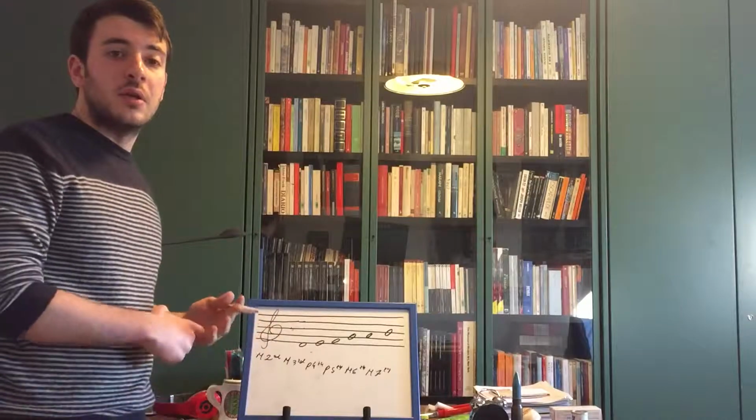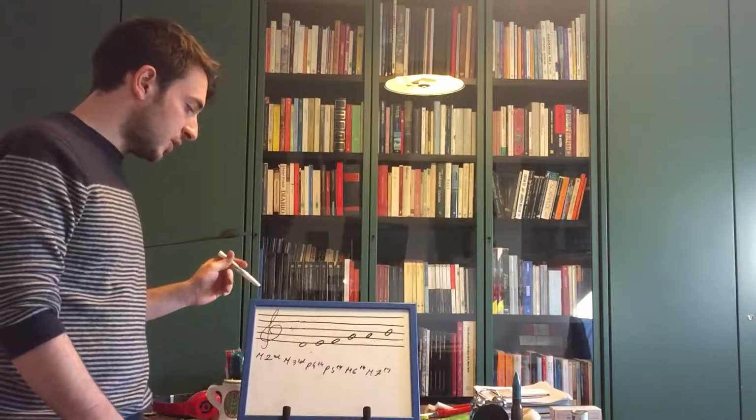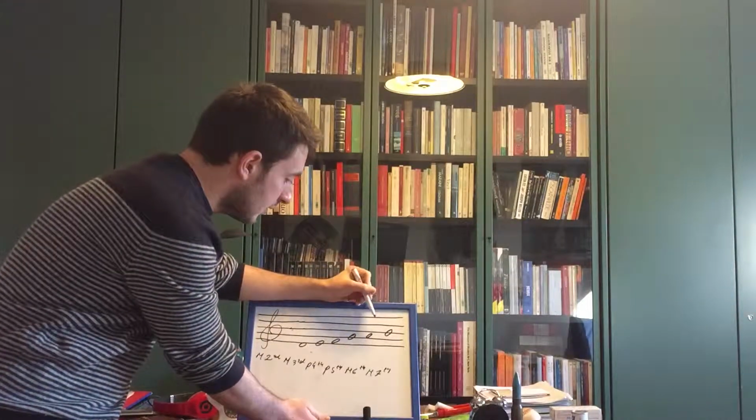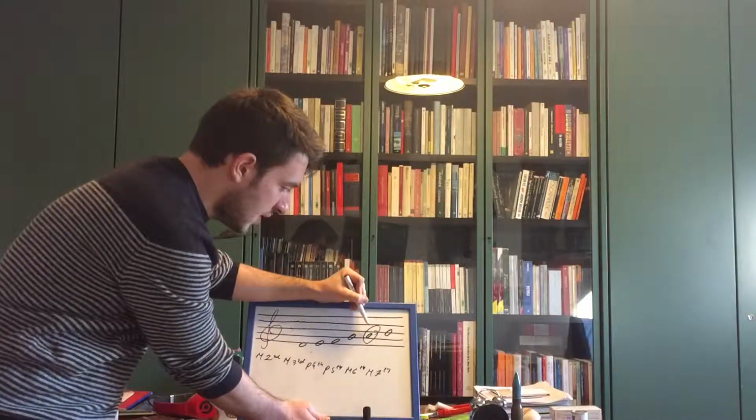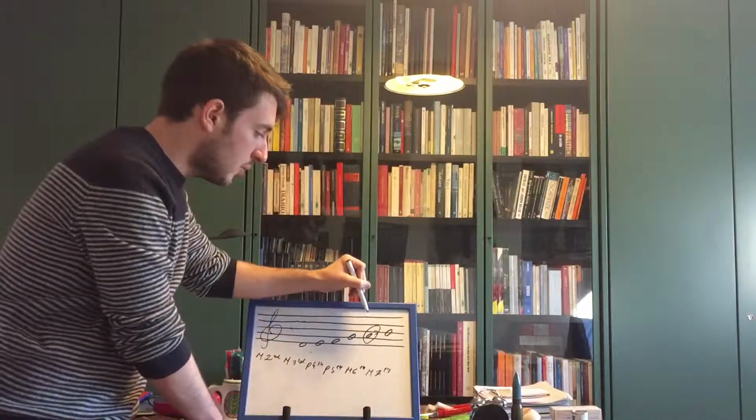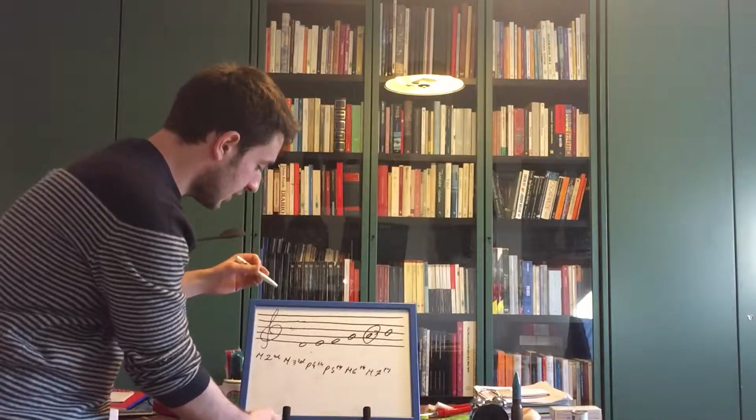We can build the minor scale from the major scale. So we can take the 6th grade of the major scale, and this grade will become the 1st grade of the minor scale.